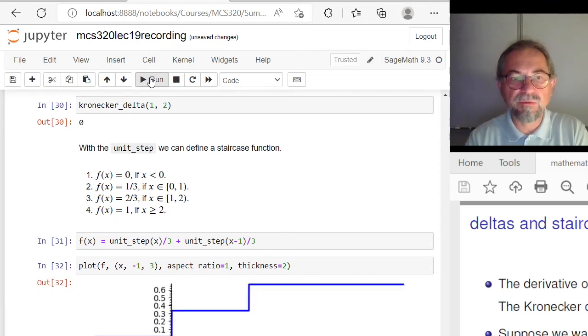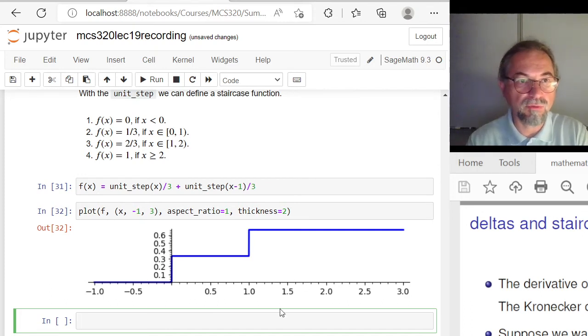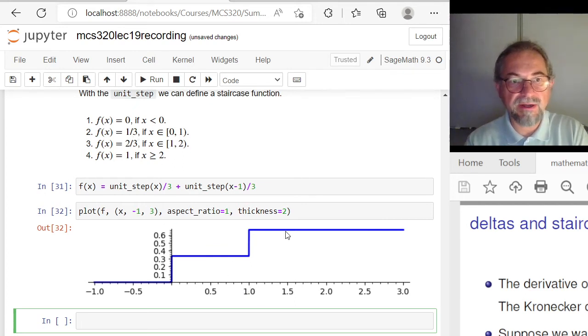So this plot will show that I'm on the right track. So I have correctly implemented rule 1. So rule 1 says that the function is 0 at the left side. In between 0 and 1, I have 1/3. And then larger than 1, I have 2/3. It's not entirely clear here, but you can see this is about twice the 1/3.